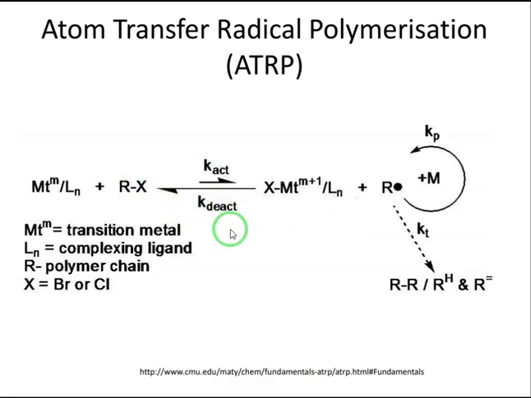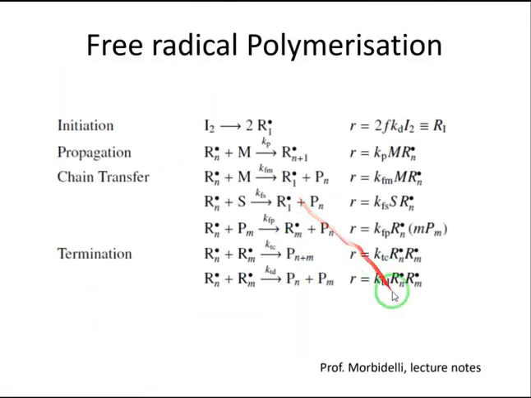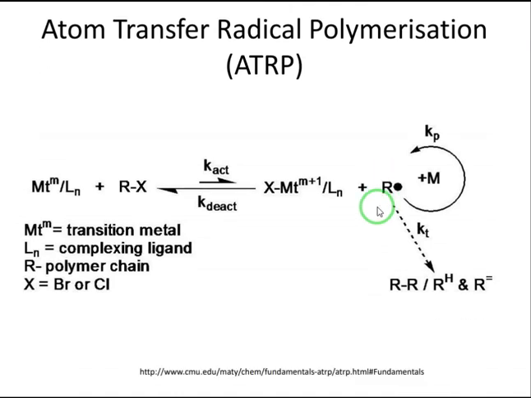And because the termination is a second order reaction, as I showed you here, it is affected more compared to the propagation reaction, which is first order. So it has the power of 2, so the termination will occur much less compared to the propagation.